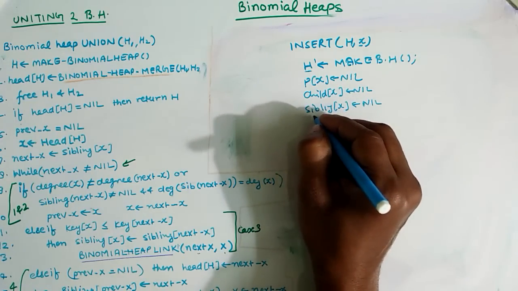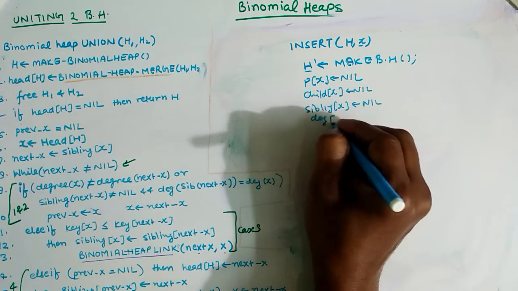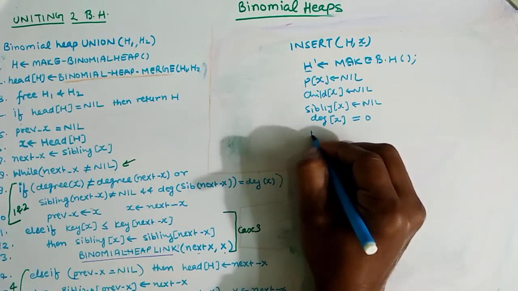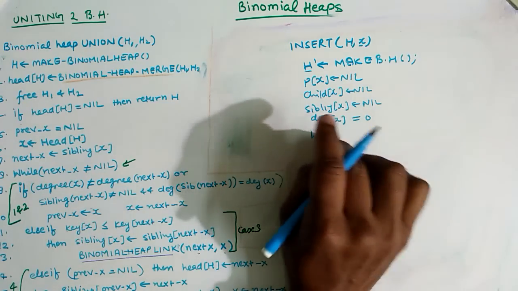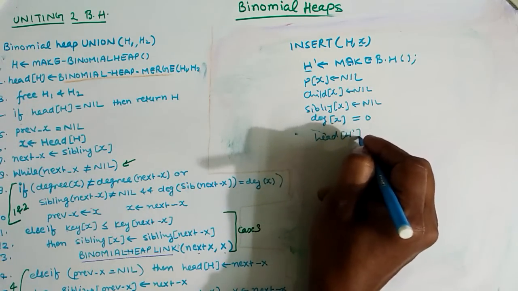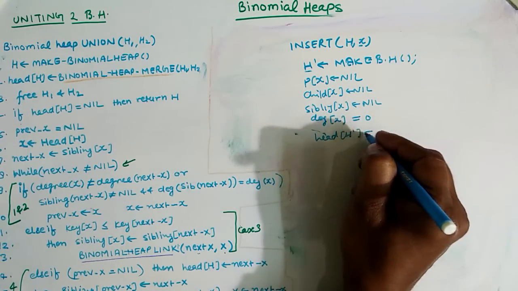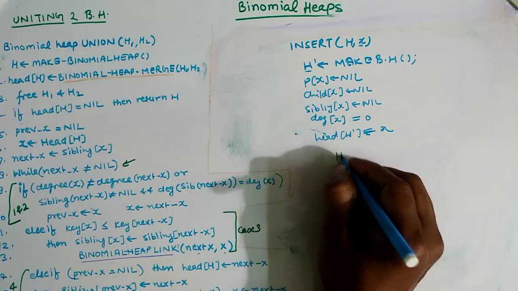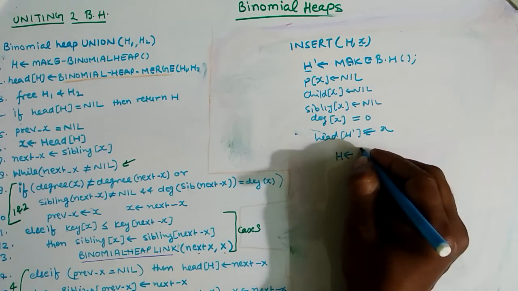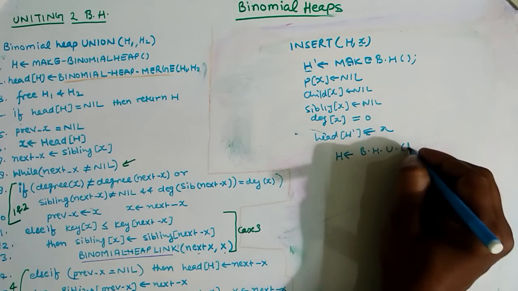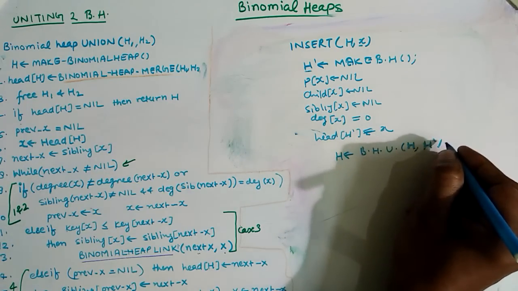The degree of x is equal to 0, and in the heap created above, h dash, I assign the head the value x. So this heap contains only one node, and then we call the binomial heap union procedure on h and h dash.